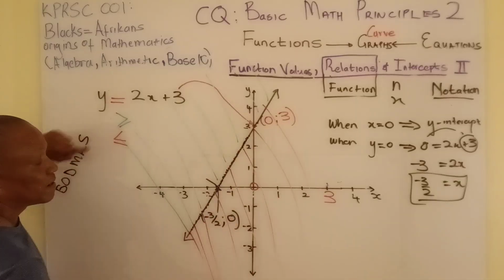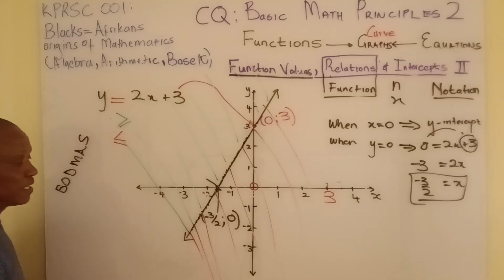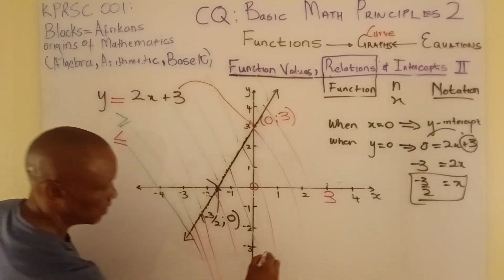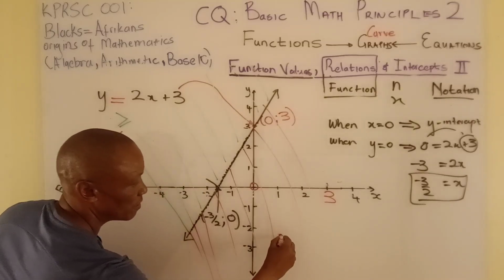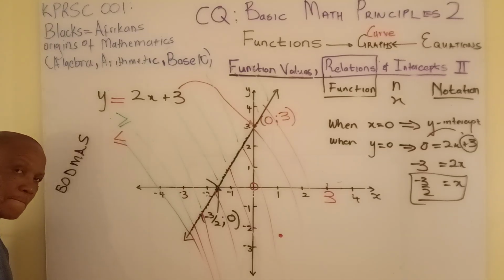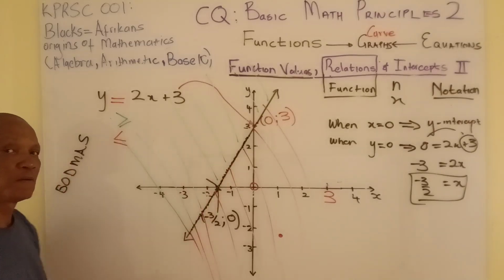Meaning, for this relation, y is less or equals to this. A point here is a valid point, even if it's not on the line. Points on the line are valid.